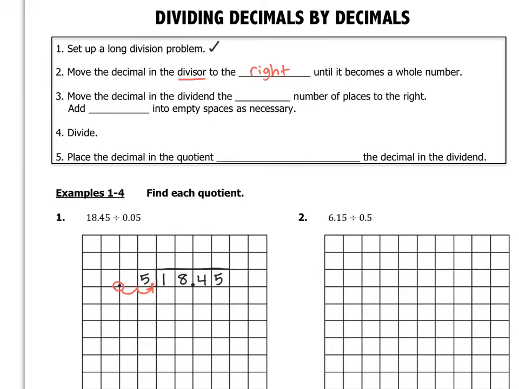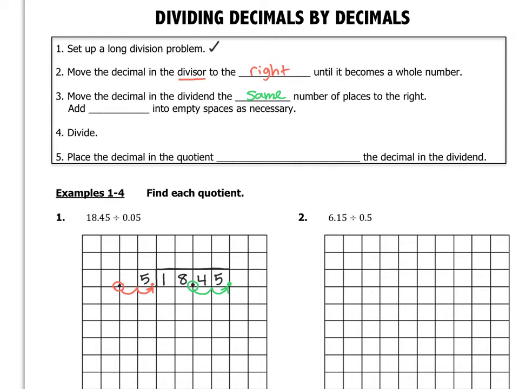And we move that decimal point the same number of places as the one we moved in the divisor. So I'm going to take this decimal point in my dividend, and I'm also going to move it 2 places, 1 and 2, to the right. So now this decimal point is to the right of my 5 and not between my 8 and my 4.